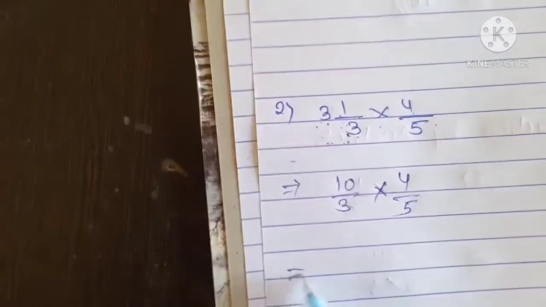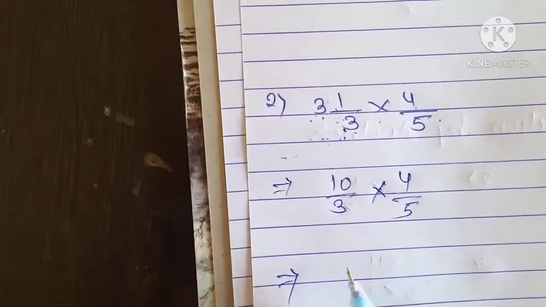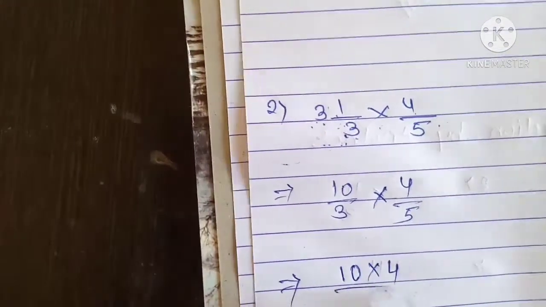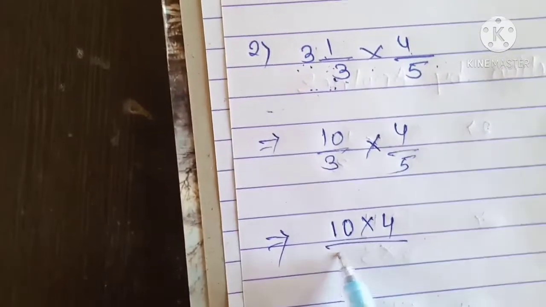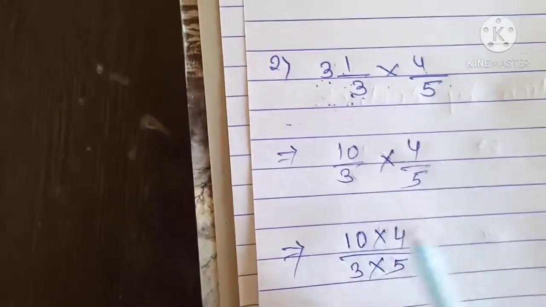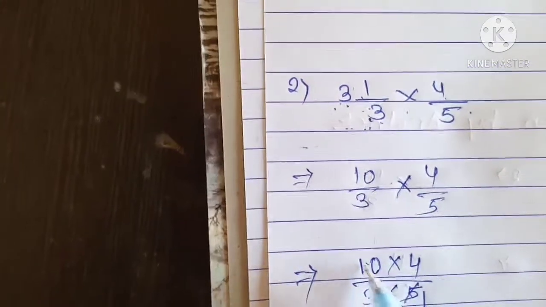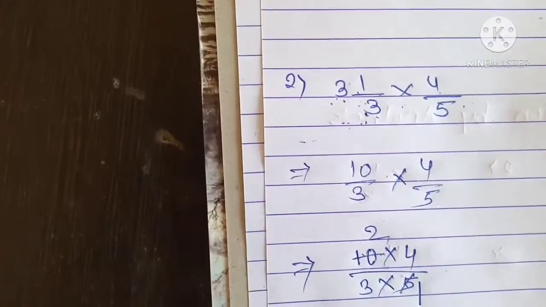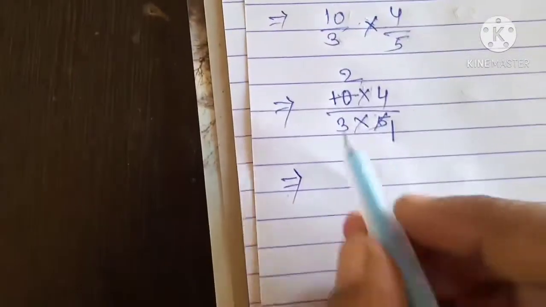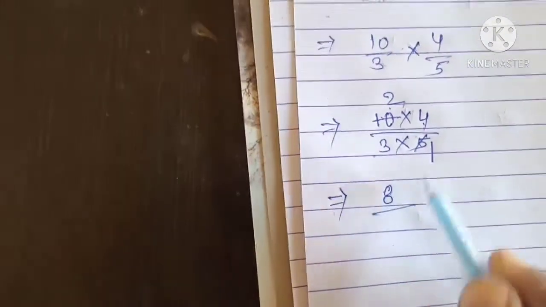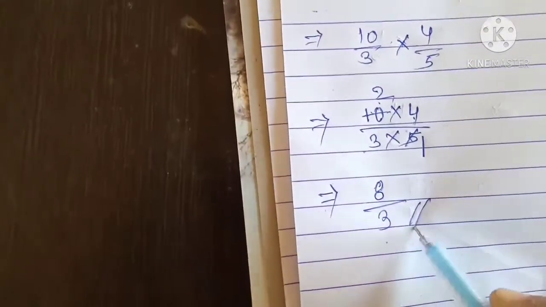The next step is to multiply the numerators, that is 10 into 4, and multiply the denominators, that is 3 into 5. If it is divisible, then divide. 5 1s are 5, 5 2s are 10. If it is not divisible, keep it as it is. So 2 into 4 is 8, 3 into 1 is 3. So this is our answer.